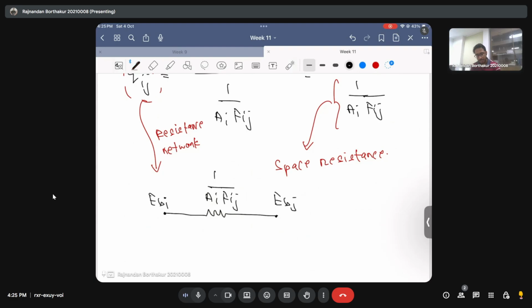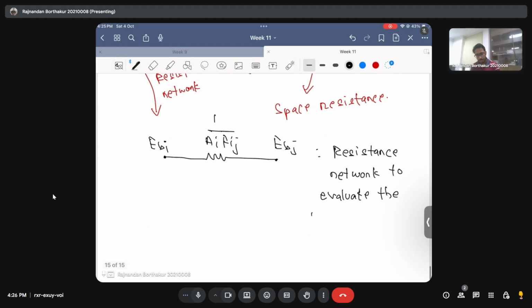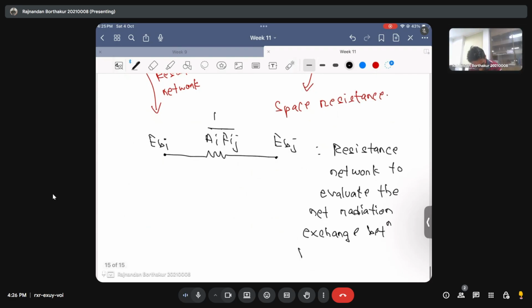So this is typically the resistance network to evaluate the net radiation exchange between black bodies.